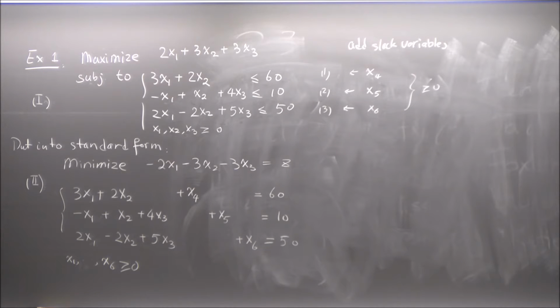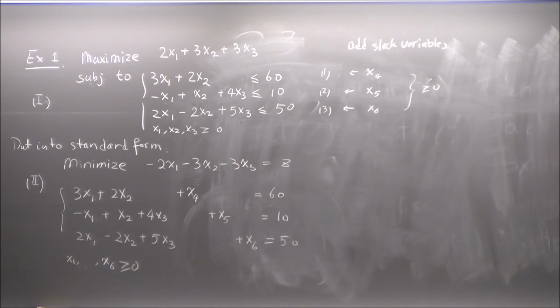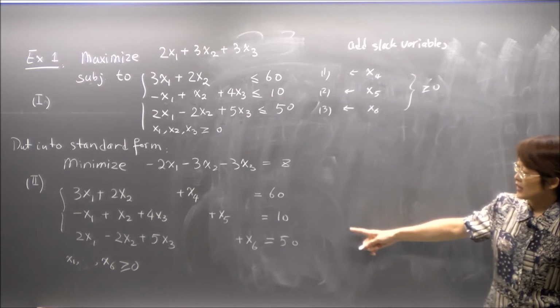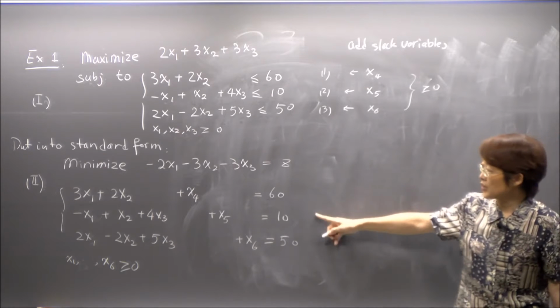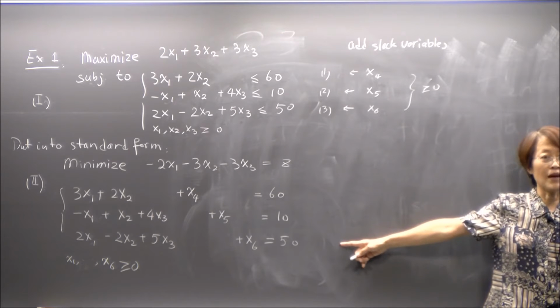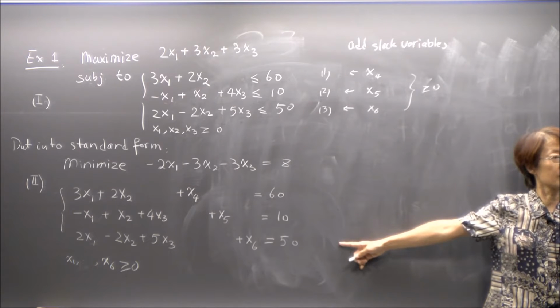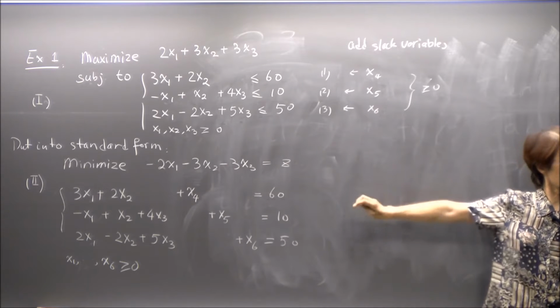Okay, so for the simplex method, that is actually not enough because you want it to be in canonical form as well, right? Canonical form is the starting point of the simplex algorithm. But for this example, take a close look at what we have now. The equations for the constraints, are they already in canonical form by adding the slack variables? Do we think this is in canonical form?